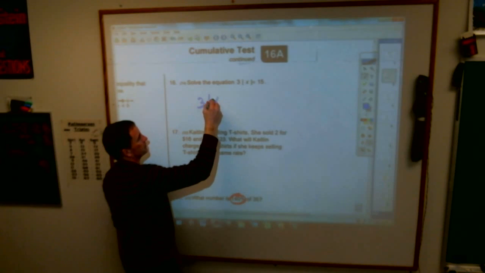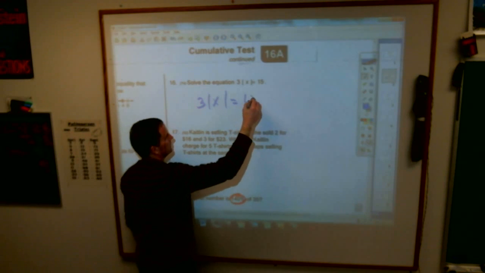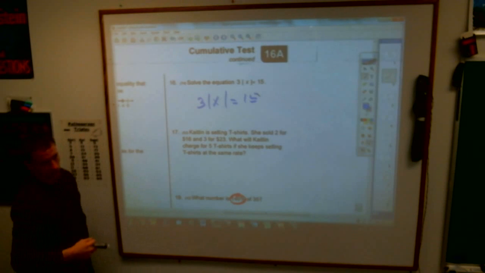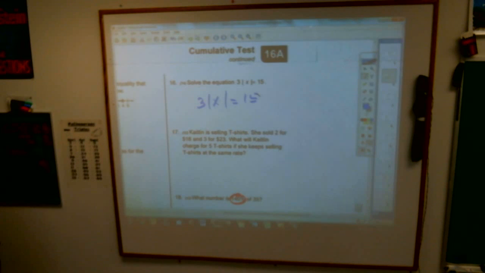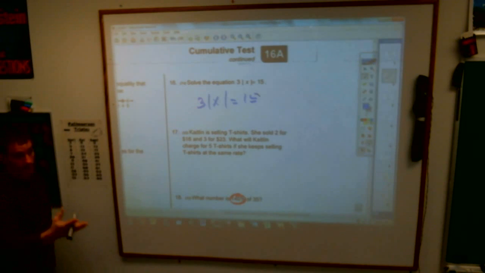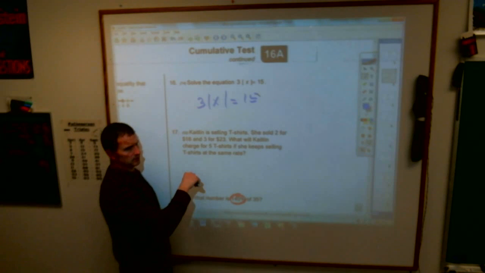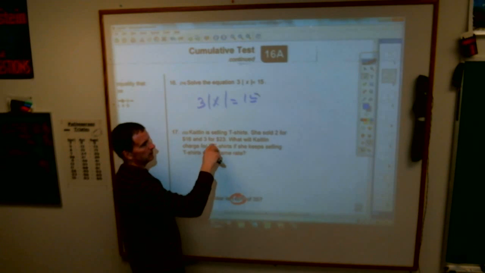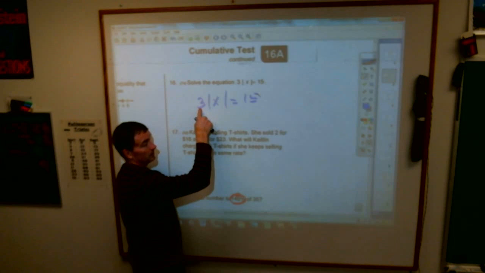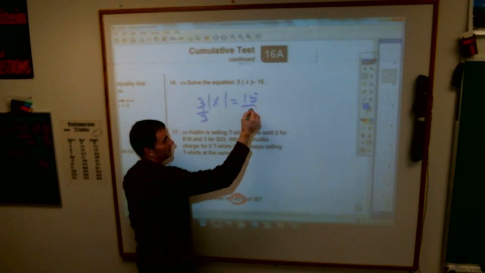3 times the absolute value of x equals 15. What's rule number 1 when you solve absolute value equations? You have to isolate the absolute value, which means, who asked me this? Madison? Okay, you want to get the absolute value by itself, so you have to get rid of this 3, which means you have to divide by 3.